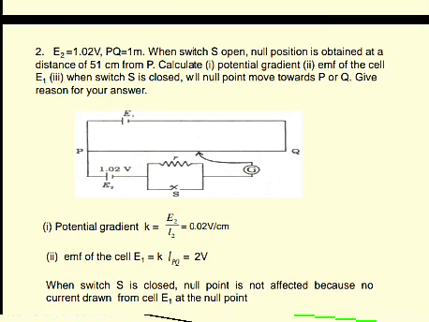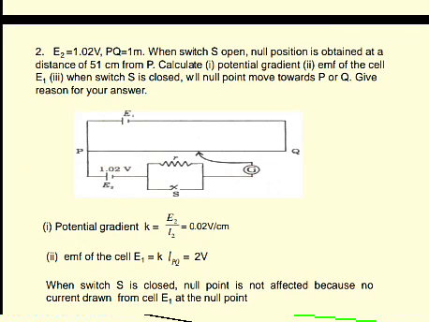And for the second part, the EMF of the cell E1 will be given by K into L, that is equal to 2 volt. For question number 3, when switch S is closed, the null point is not affected because no current is drawn from cell E1 at the null point.